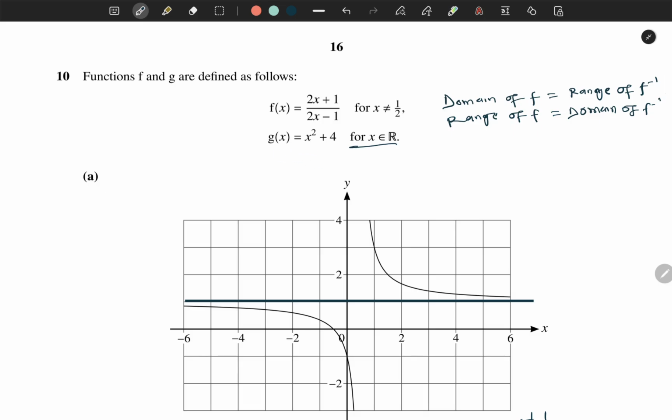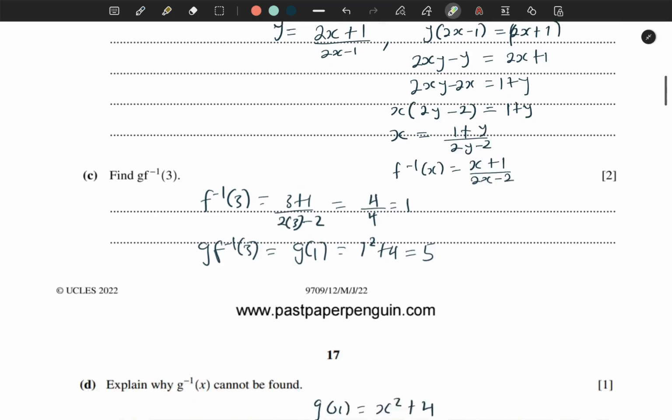If you consider the domain to be the set of real numbers, a quadratic function is a many to one function. And we said for an inverse function to exist, the function must be 1 to 1. So since this function with this domain is many to one, it implies that the inverse of a many to one function does not exist.